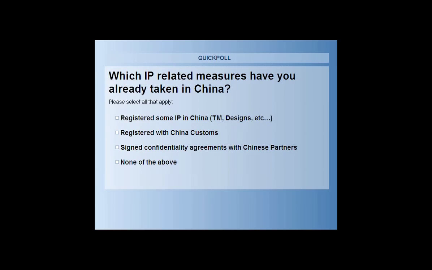Have you registered any IP in China? A trademark, for example, or any designs? That's answer A. Have you registered with China Customs? Maybe. Have you signed confidentiality agreements with Chinese partners? Maybe. Or none of the above. This is obviously a multiple choice.